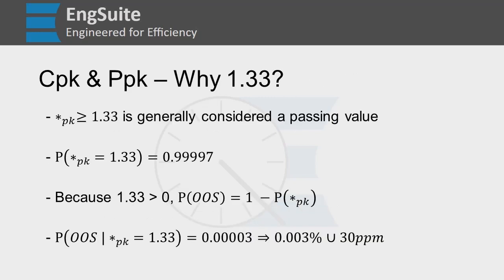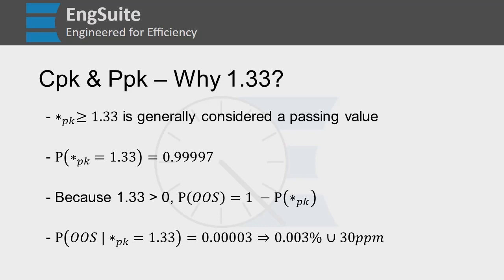Okay, so why 1.33? Well, if your capability index is greater than or equal to 1.33, this is generally considered a passing value. So if we multiply 1.33 by 3 to get the z-score, we plug it in to norm.s.dist, and then we take the actual cumulative distribution function of 1.33 times 3, which is 3.99, so basically 4.